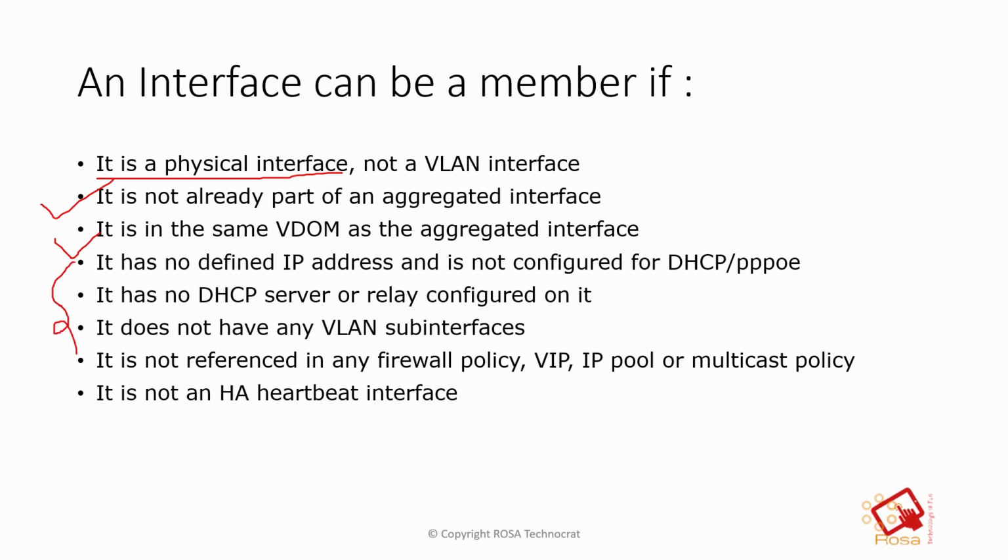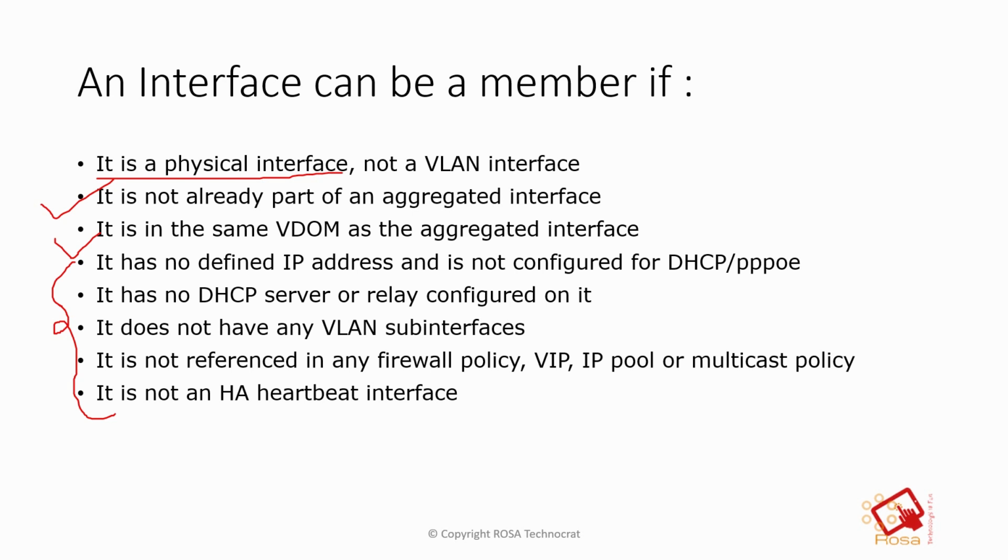And all this means it should not have any configuration on it already referencing it, because if it is already being referenced by any other configuration, any firewall policy, any DHCP, any other configuration, then you will not be able to add it under the member interface, because it will not be visible under the member interface list.